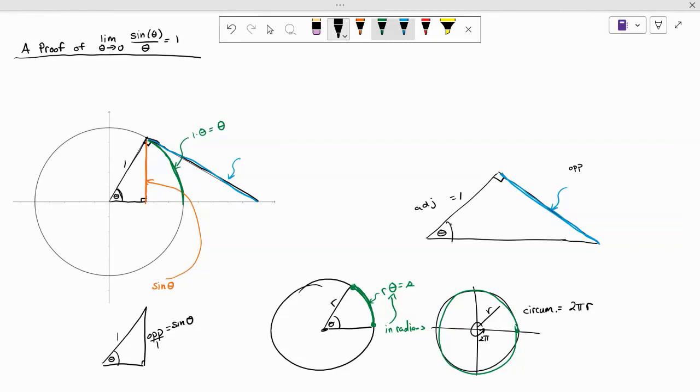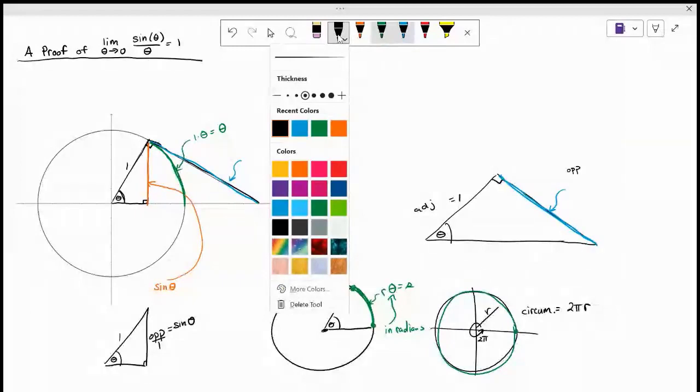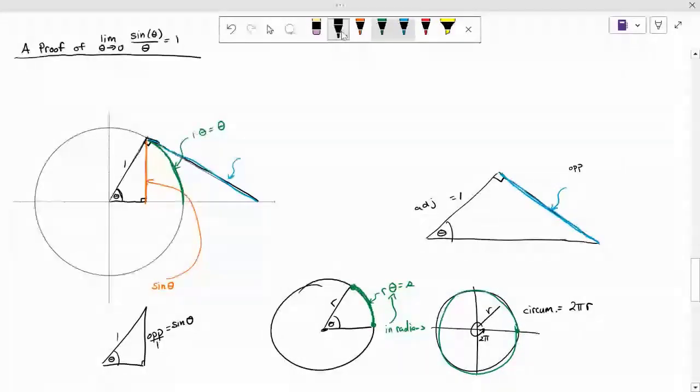So which trig function will relate the opposite side to the adjacent side? Well, tangent, right? So we can reason that tangent of theta is the opposite side divided by the adjacent side, which happens to be 1. So the opposite side is exactly tangent theta.